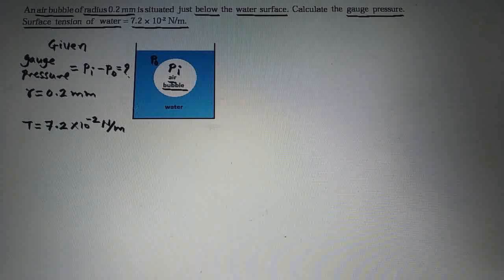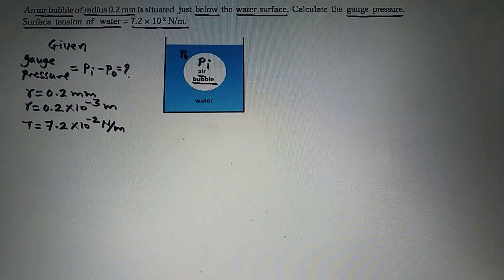Next step, we will check the units. The surface tension is given in Newton per meter. Newton means kilogram meter per second square, and the radius is in mm, so we will convert the radius into meters. It should be 0.2 into 10 raised to minus 3 meter.